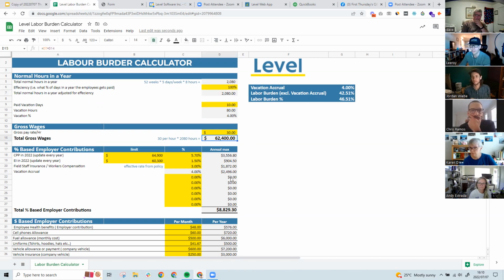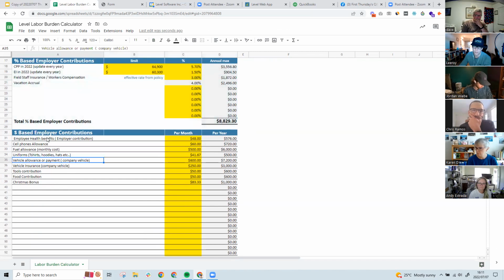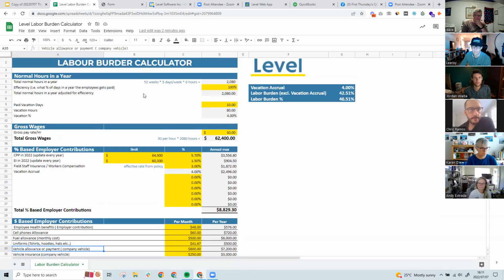It's all about how this adjusts, because if your gross wages change, then your employee contributions change, but your dollar-based employee contributions would stay fixed. So I can add an adjustment to this to include overtime if you want. But I guess if your gross wage goes up, your burden goes down. So maybe it's more conservative not to think about overtime. I don't know. It's a couple steps ahead, right?